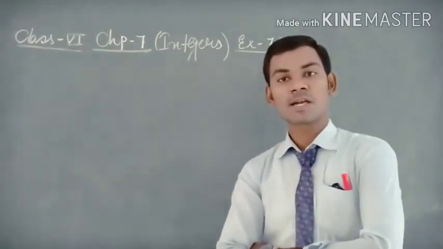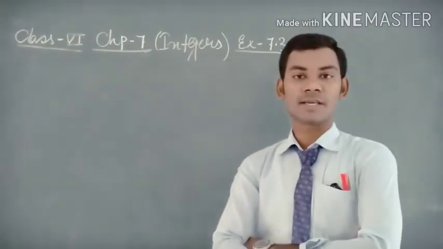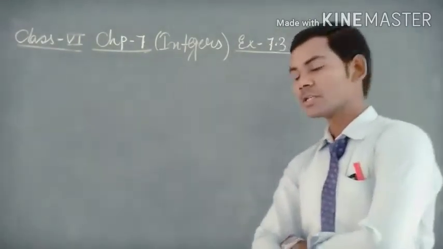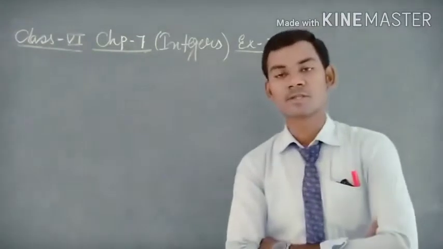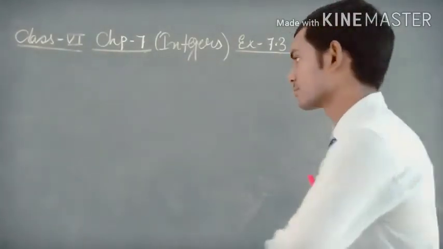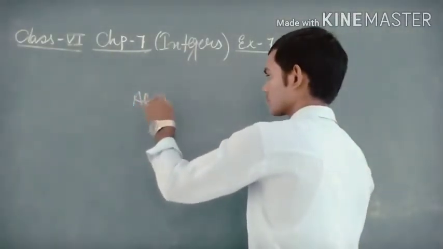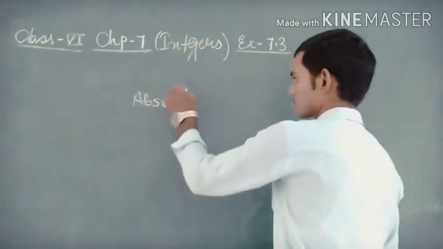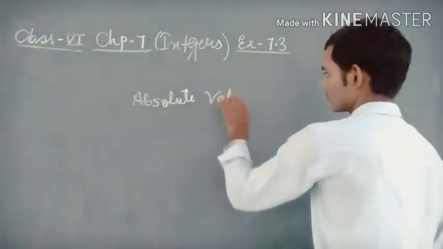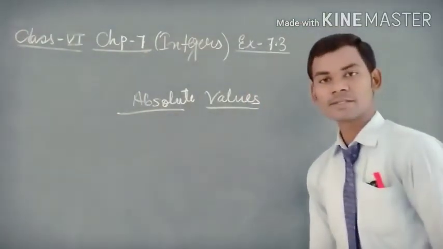So before starting the questions, let me explain the absolute value once again. Okay, this will help you to solve the questions. So let us see the absolute value. As we know that the integers are of two types.